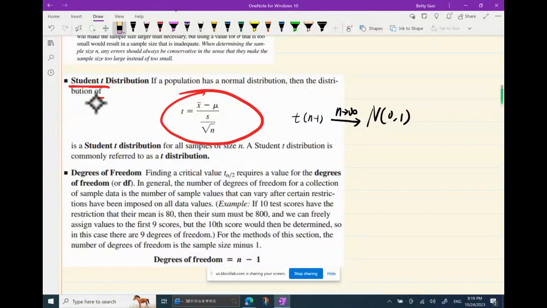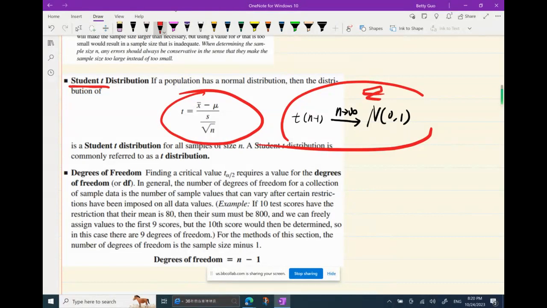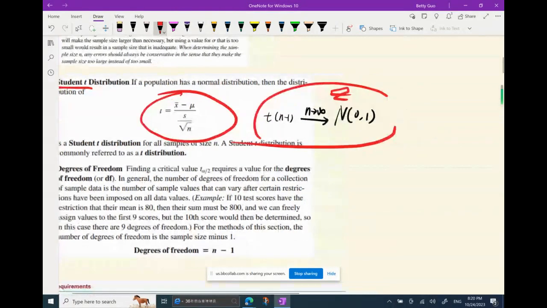When n approaches infinity, the T distribution approaches the standard normal. So the density curve of the T distribution looks just like the standard normal distribution curve, like a Z curve, a little bit different but very close.